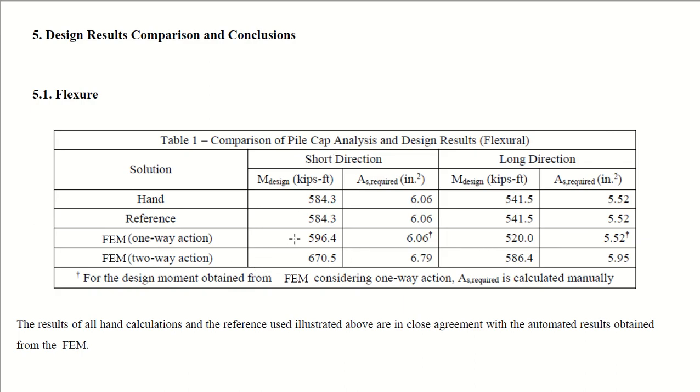In the short direction you can see the area of steel required and the design moment, and in the long direction. So the results of the hand calculation and the reference illustrated above are in close agreement with the automated results obtained from the finite element method.